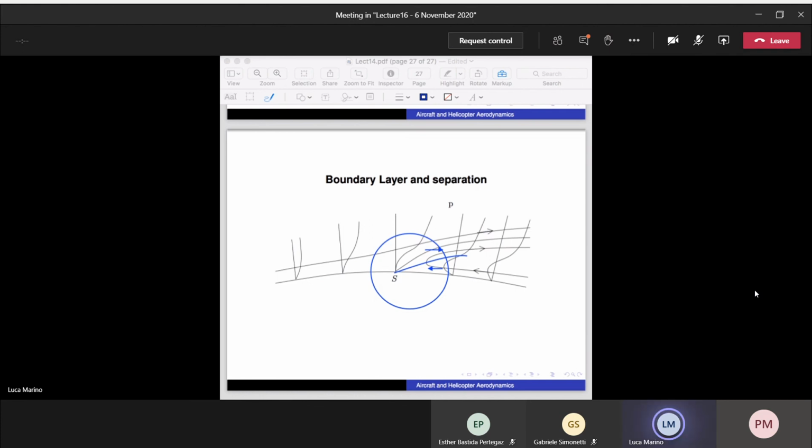This is a general rule. The boundary condition is something that you give because you want something. The problem is that sometimes you have to pay attention that you can give only the correct number of boundary conditions. So, for example, we want to recover the external flow. So we say to the solution, okay, we want a solution such that far from the body we find the external U, and this is possible.